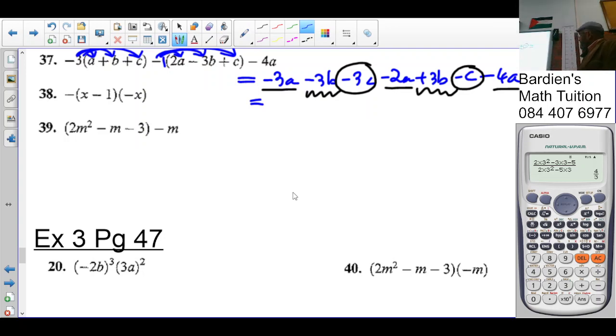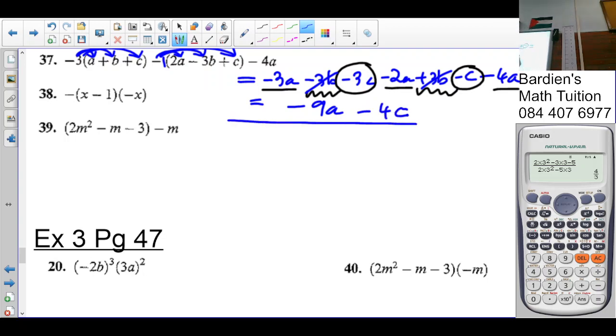So you got negative 3 minus 2. It's negative 5. Can you see that? Negative 5 minus 4, negative 9. Can you see that? Minus 3b plus 3b cancels. Not so? Gone. Minus 3c minus c is minus 4c.